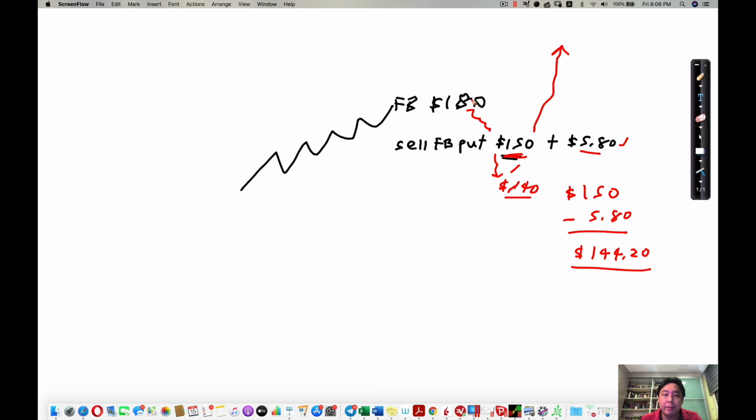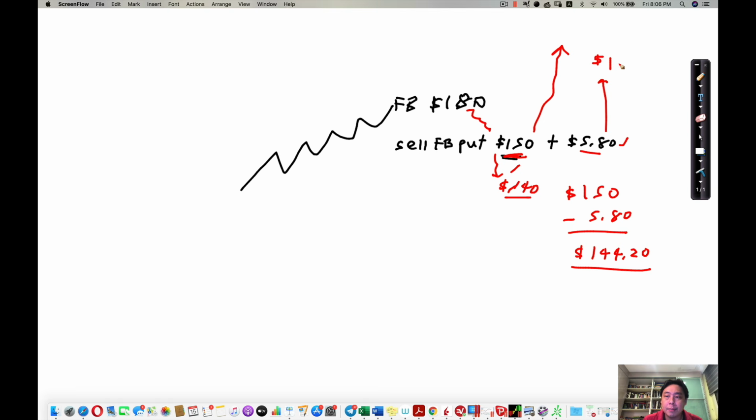In this case, if the share price drops to 140, you can see that the put will be worth at least $10 because the buyer of the put has the right to sell the shares at 150 and buy it at 140. In other words, he could buy the shares at 140 and sell it at 150. So the puts have an intrinsic value of $10.